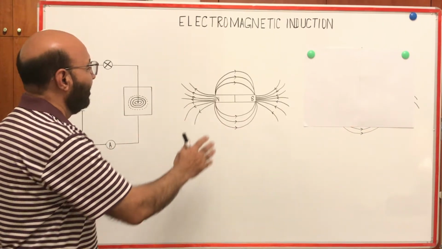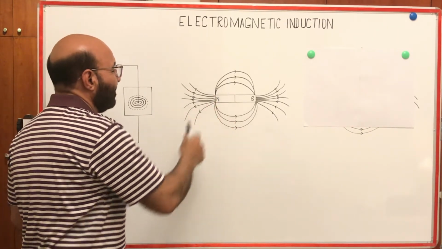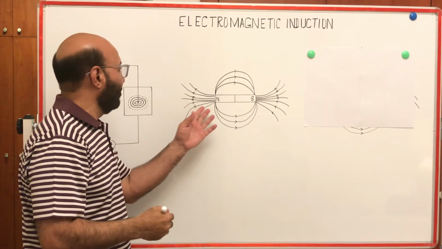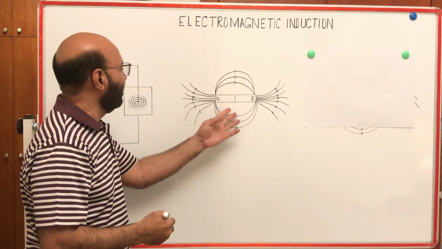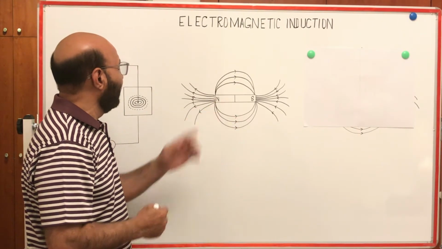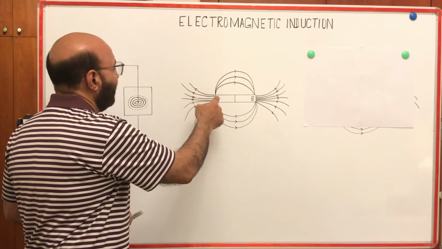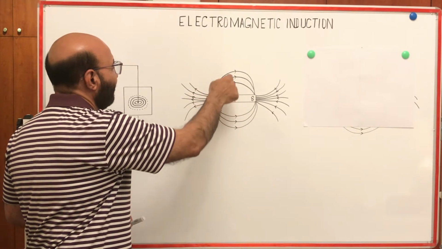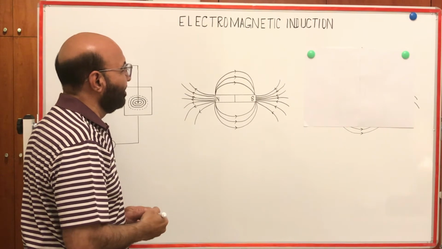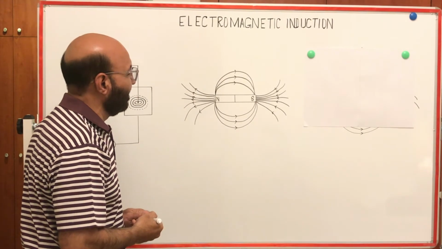Now place a bar magnet on a piece of plain paper and draw magnetic lines of force with the help of a magnetic needle. And we find a strong magnetic field near the poles, and as we move away, the strength of the magnet becomes weaker.